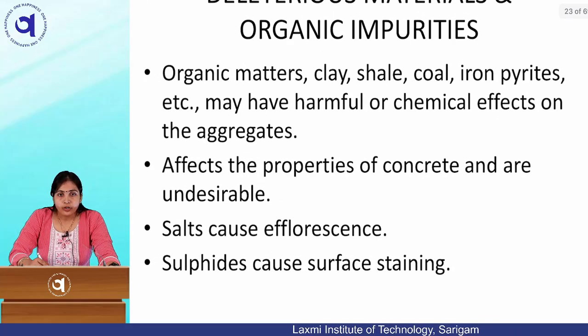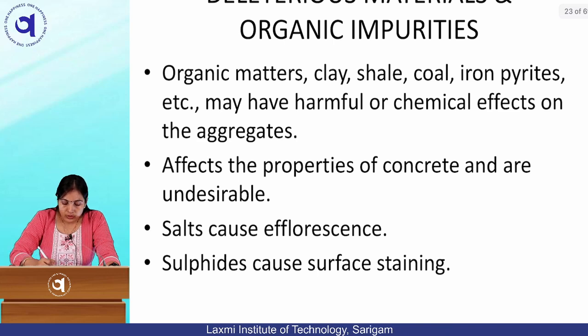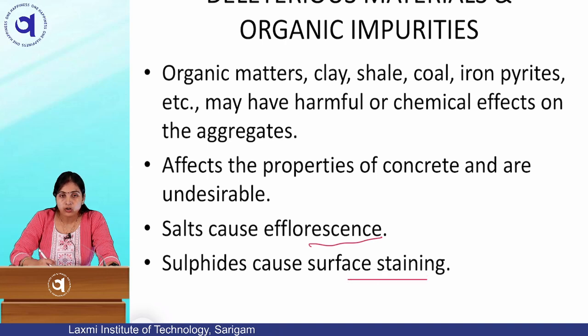If organic impurities are present in your aggregate, they have a harmful chemical effect on the concrete and affect its properties. If salt is present, it will cause efflorescence, and sulphide also causes surface staining. These are all defects in the concrete that should be avoided.